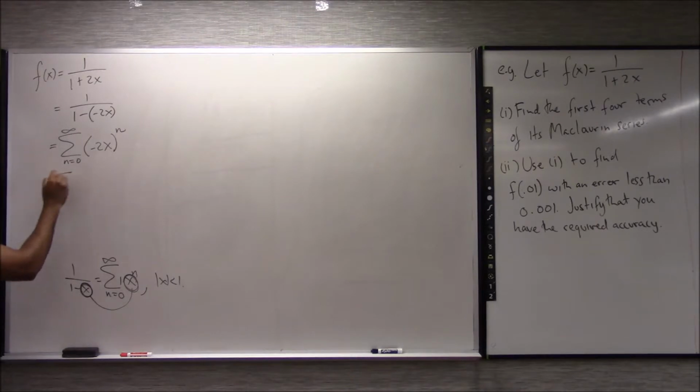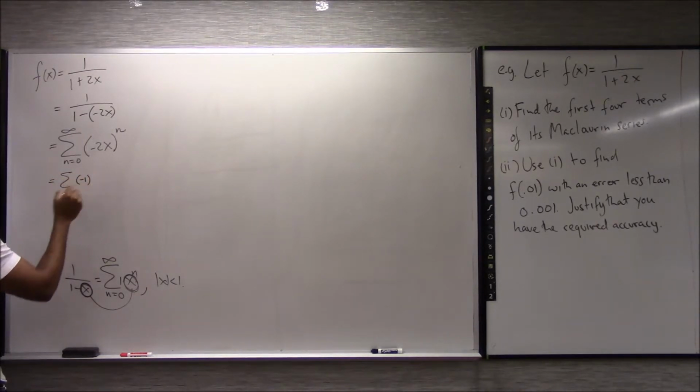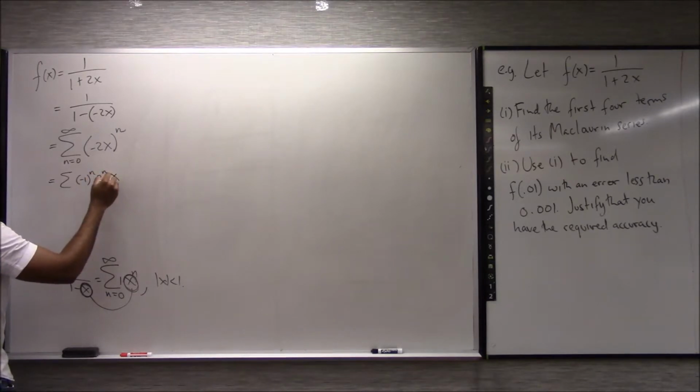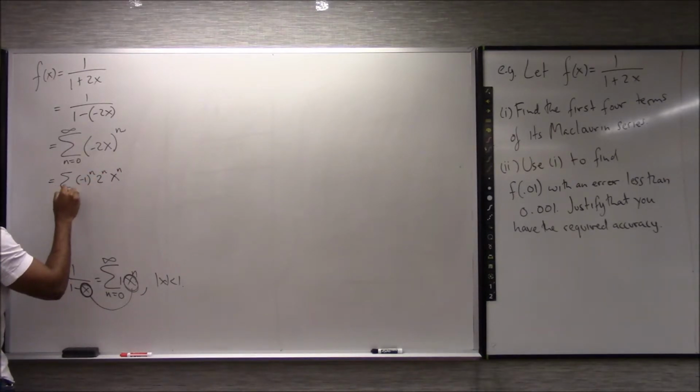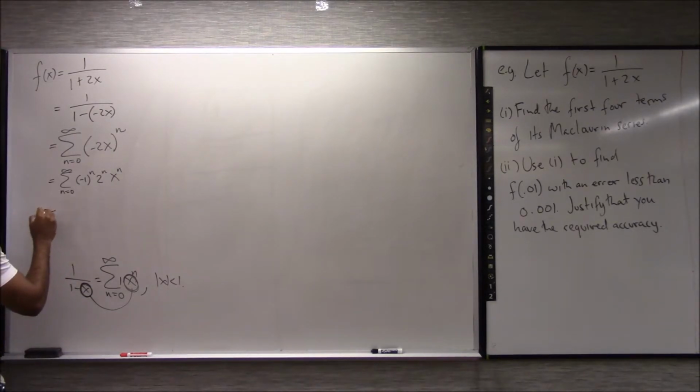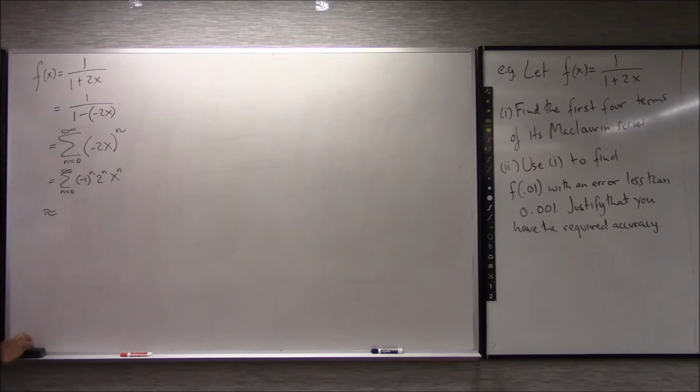Or in other words, we can rewrite this as minus 1 to the n times 2 to the n. And it says find the first 4 terms. So you're just going to plug in n equals 0, 1, 2, and 3.